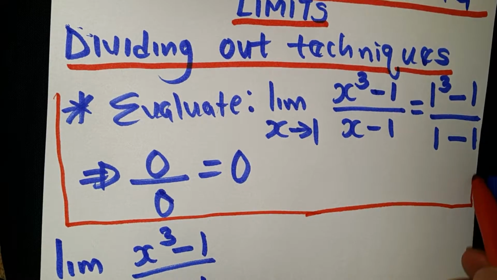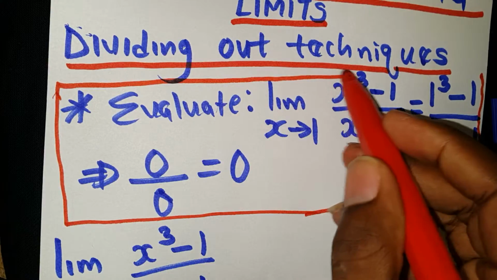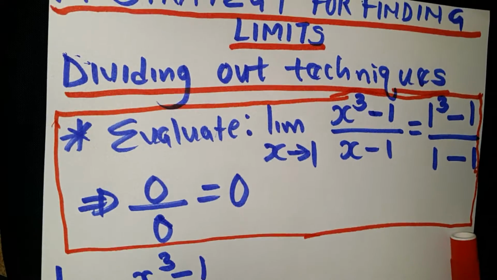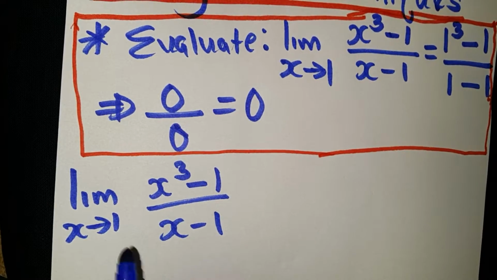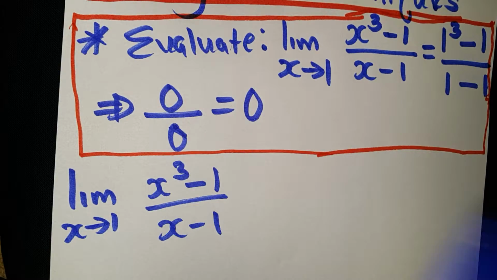You have to check if your answer will be 0 divided by 0. If it is 0 divided by 0, then you have to use the dividing out technique. So we find out that our answer here is equal to 0 divided by 0, so we cannot leave our answer like this.